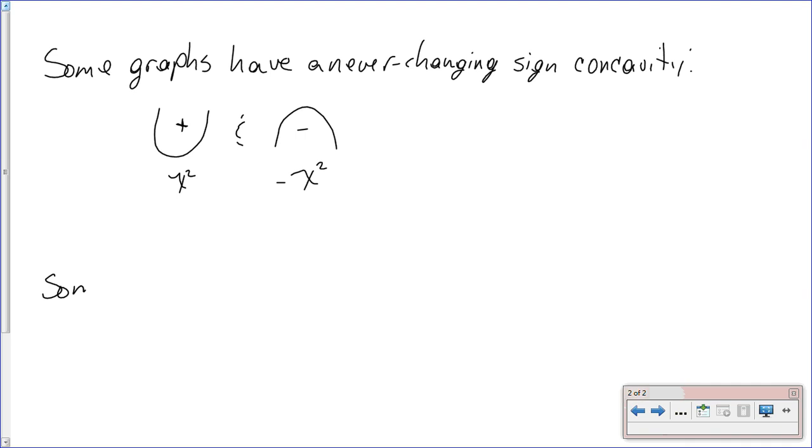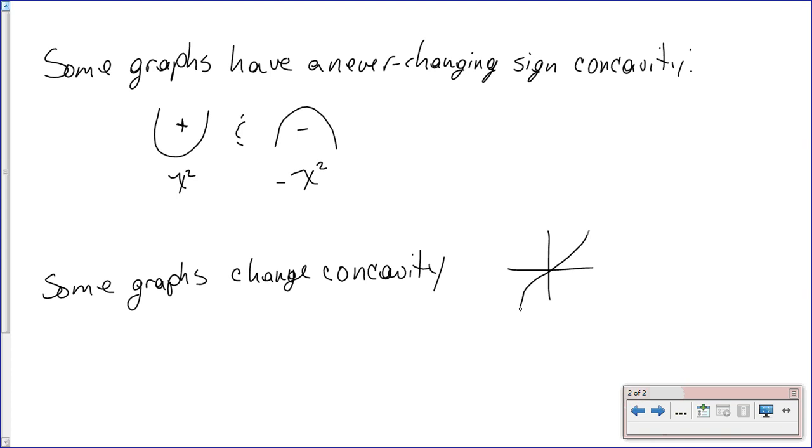Also, we have some graphs that change concavity, such as y equals x cubed. Right here is where it changes concavity, and that is known as a point of inflection, or POI for short.